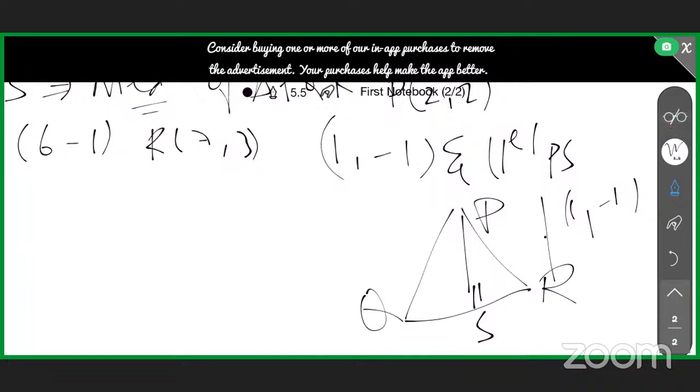So find the coordinates of S using the midpoint formula, because we know that a median cuts a line into two equal parts. Therefore, S becomes the midpoint of QR. We have already got the coordinates of P and now S. Using the slope formula between two points, find the slope of the line joining them.